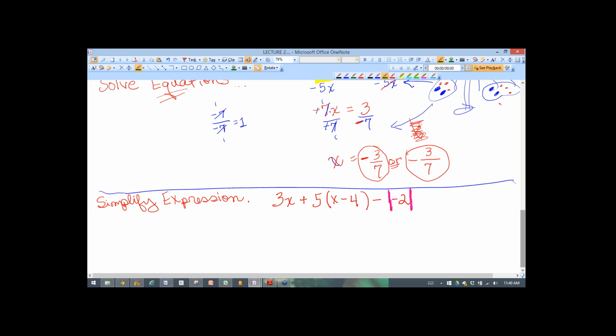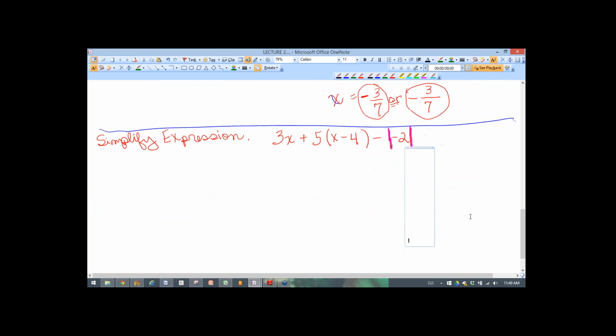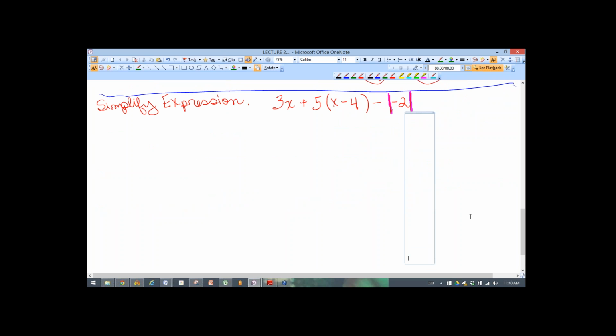You may have learned or heard in previous classes simply that absolute value is just the positive version of a number. It's a little more than that, okay? This is the correct definition of absolute value. Let me put that over here. Note to selves, please make sure you remember this too.